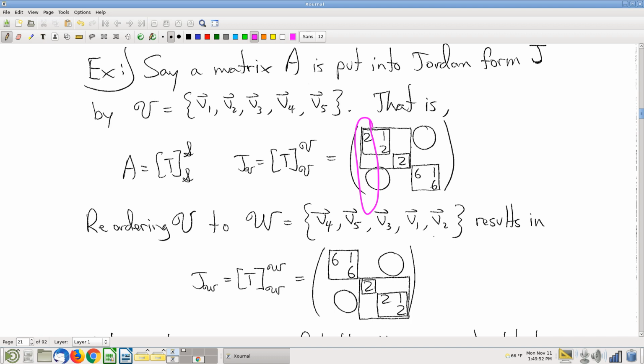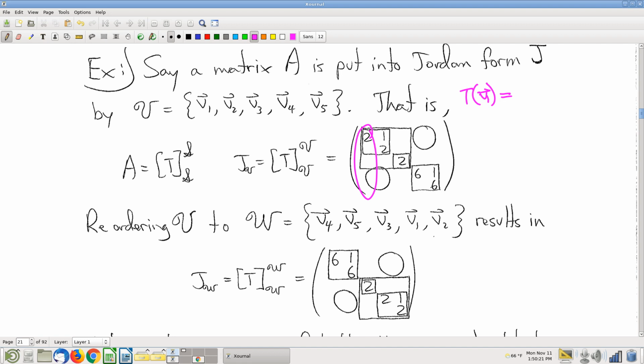Look at that first column. Columns are images of basis vectors. Specifically, this being the first column, this is telling me the image of the first basis vector. So that column is telling me what T of V1 is. Now, it's not telling me explicitly that T of V1 is 2, 0, 0, 0, 0. That's not what it is.